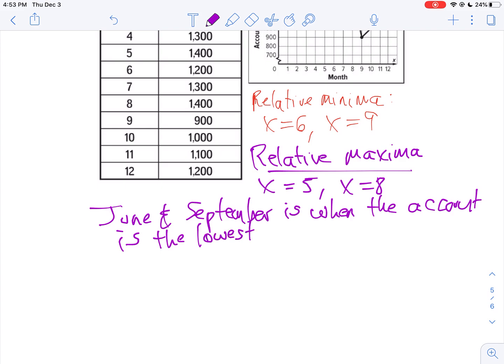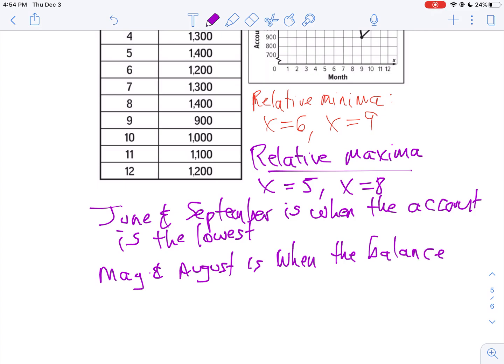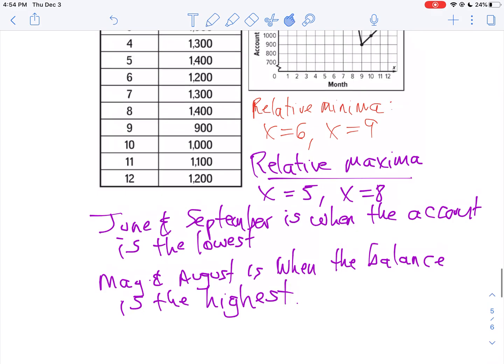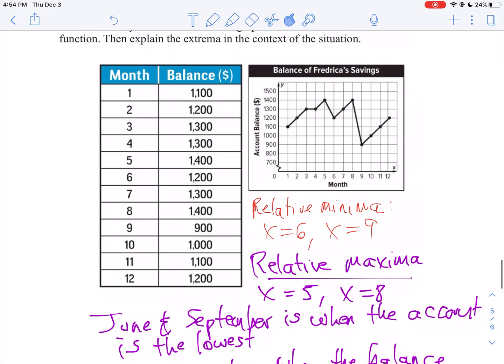And then May and August are when the account balance is the highest. So it appears as for Frederica, whenever she gets more money, she goes on a spending spree.